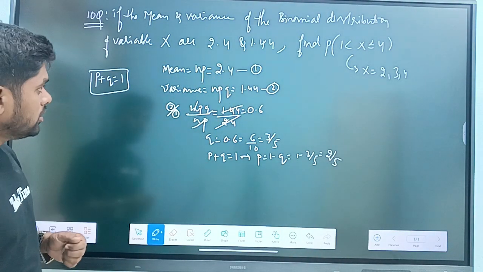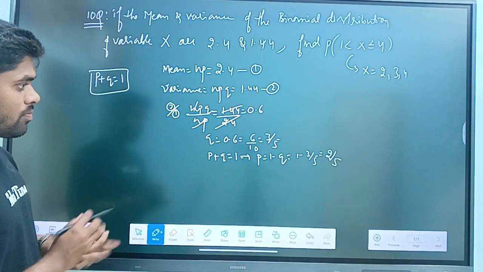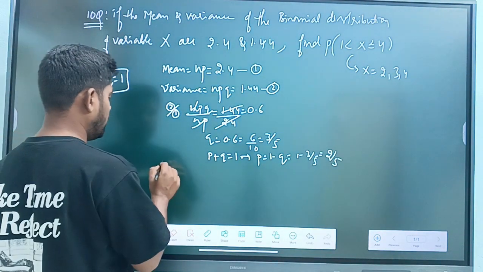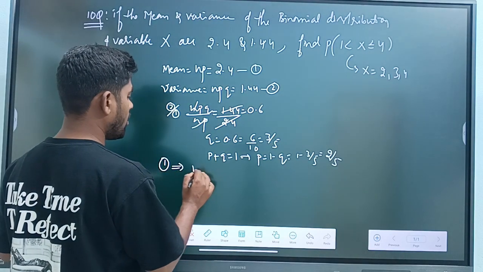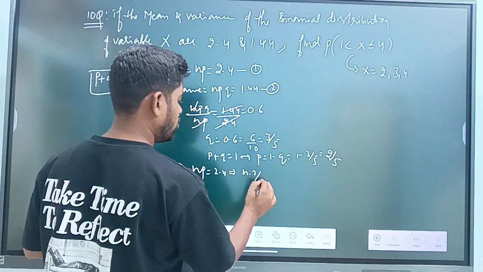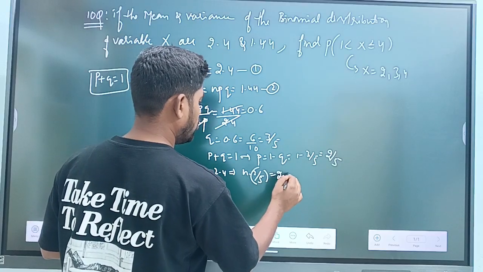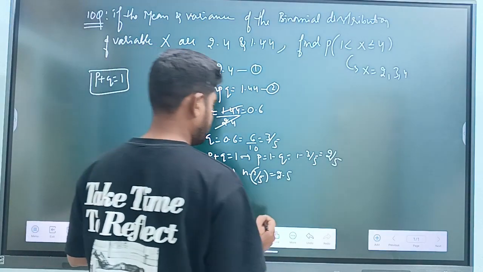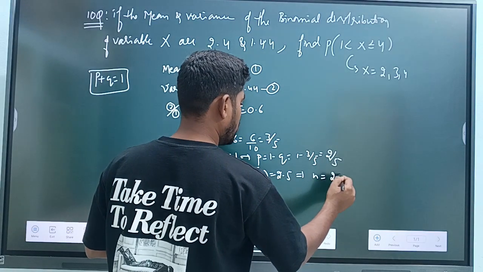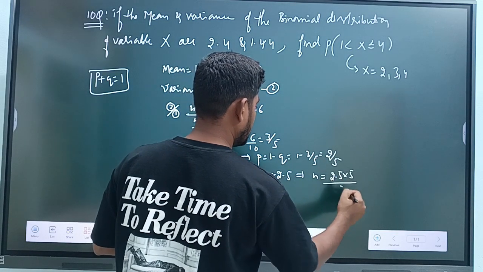Right. Now p is known, q is known. Now what about n? From the first equation, np equals 2.4, that is 2 by 5 times n, so n equals 2.4 into 5 by 2.